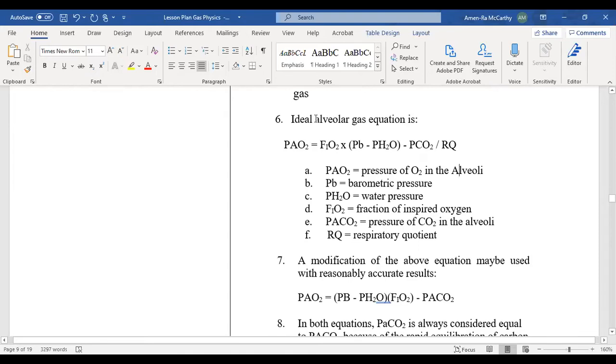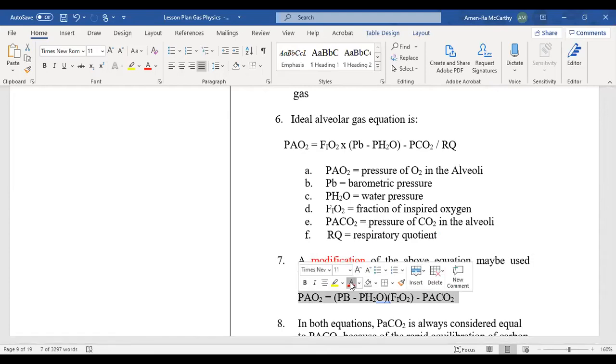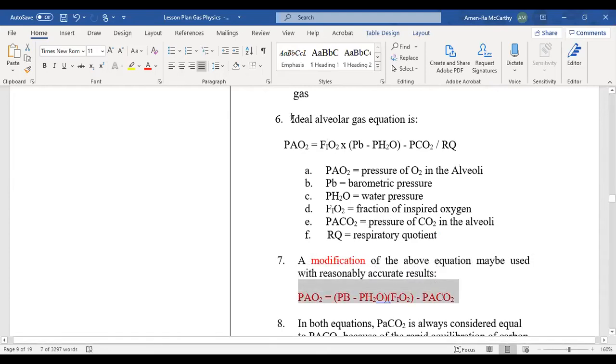Look at this. The ideal alveolar gas equation is all of this. That's ideal. That's including everything. But a modified one can also be done, which leaves off the respiratory quotient. Okay, so this is a modified, and then this is ideal.